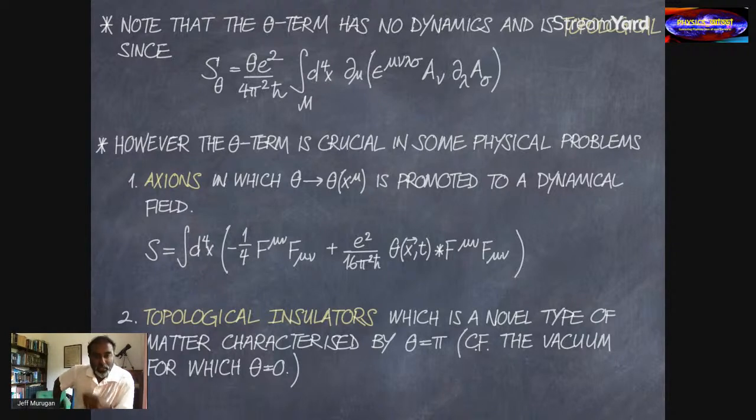The second important physical problem that these theta terms manifest in is in the idea of topological insulators, which, as I said earlier, is a novel type of quantum matter that's characterized by theta equal to precisely pi. And this should be compared with the vacuum state where theta is equal to 0.